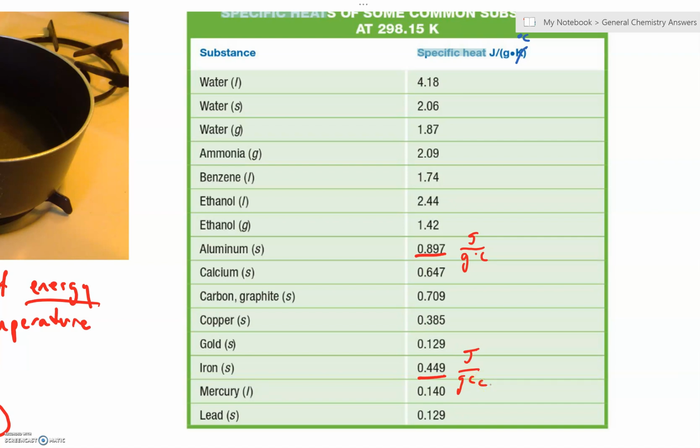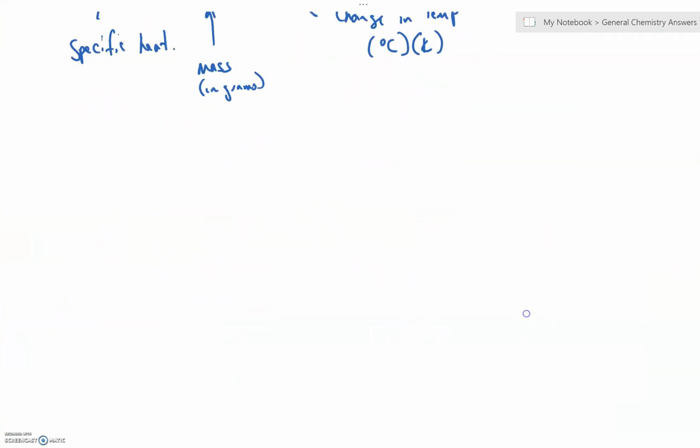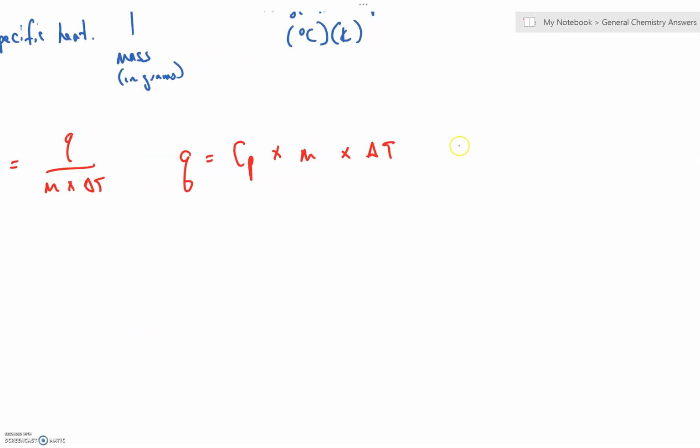So let's try one of these, and then I'll show you how we're going to use this equation. Since this equation looks like this, Cp equals Q over M times delta T, I like writing it a little differently: Q equals Cp times M times delta T. This is a little easier to flip around, because that way you can use it to find mass.